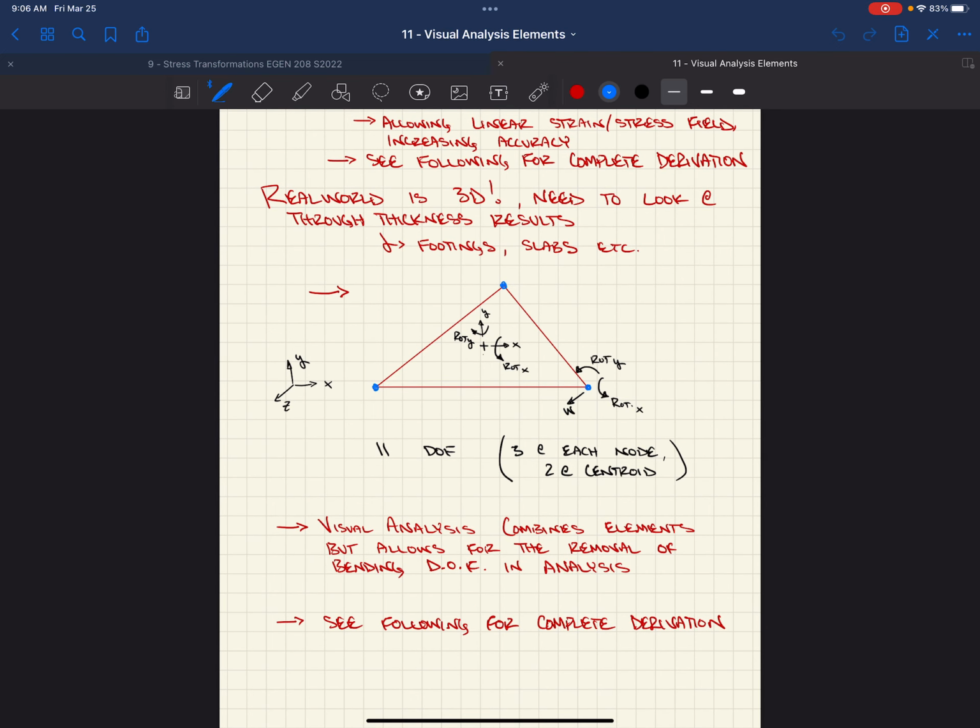And how does Visual Analysis incorporate this? Well, as you can tell, all the degrees of freedom for this element are different from the degrees of freedom of the Allman triangle. There's no overlap between them. So what does VA do? Well, it essentially smashes these 2 together. So if you have out of plane loading on a plate, it's going to use the equivalent energy forces using this derivation, through thickness displacements.